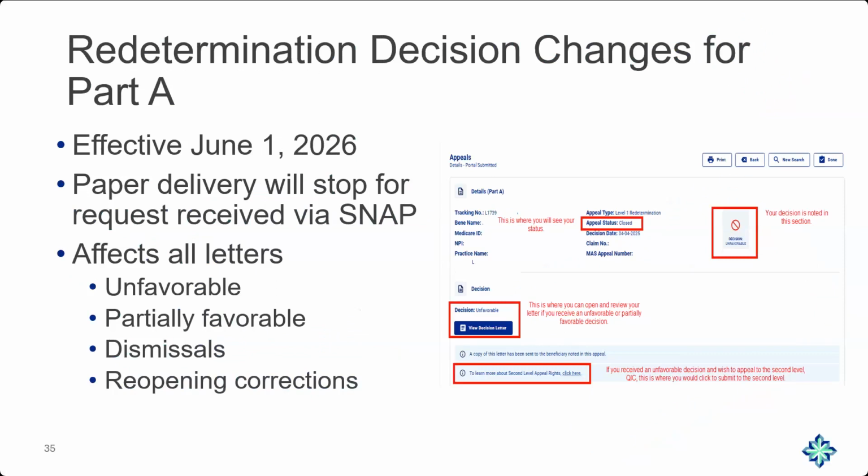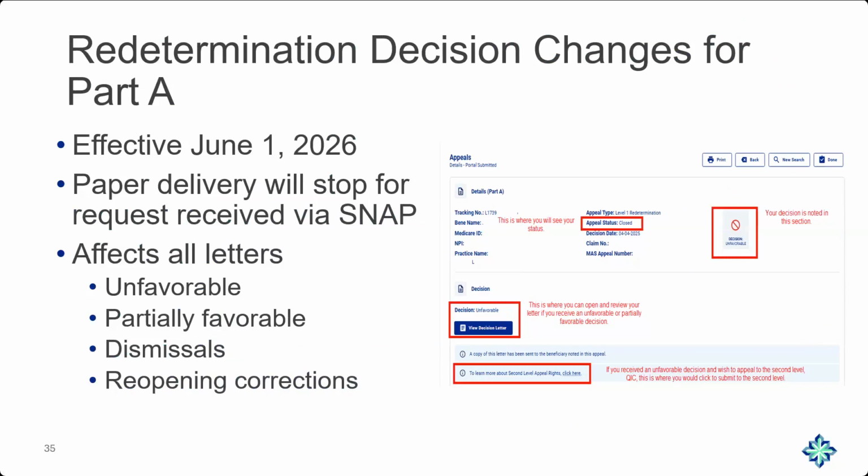This slide is a provider alert. It's announcing a change to the mail delivery for Part A appeals submitted via our portal. Prior to June 1st, correspondence on appeals submitted via the portal, known as SNAP, was sent by paper mail.